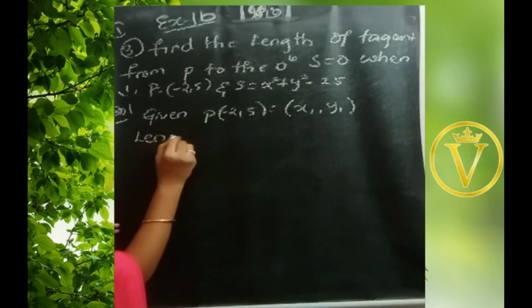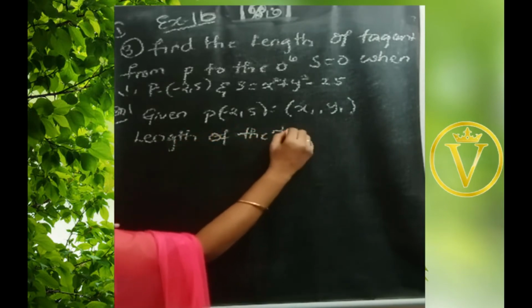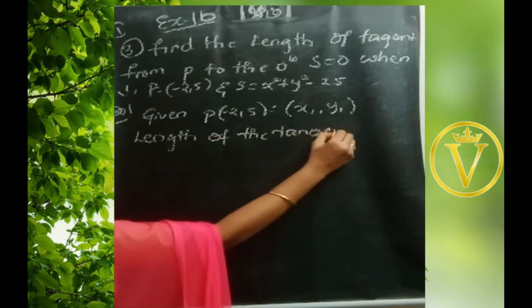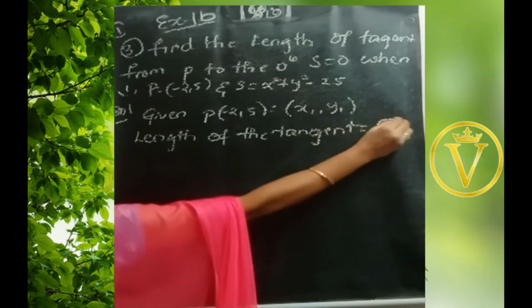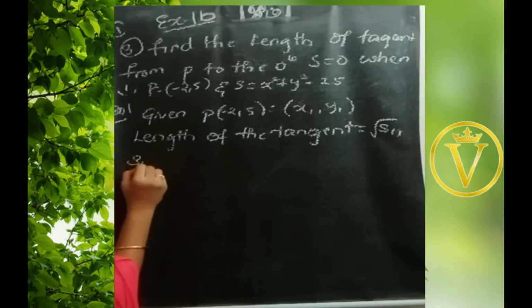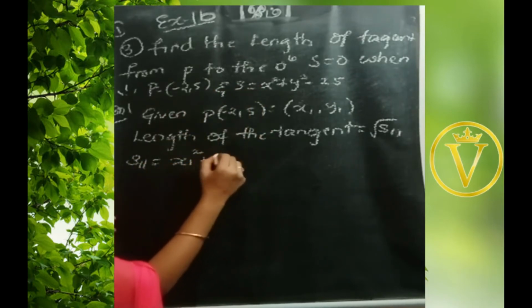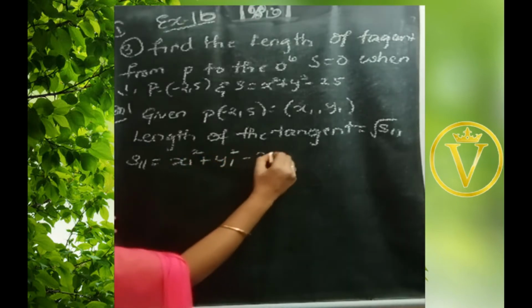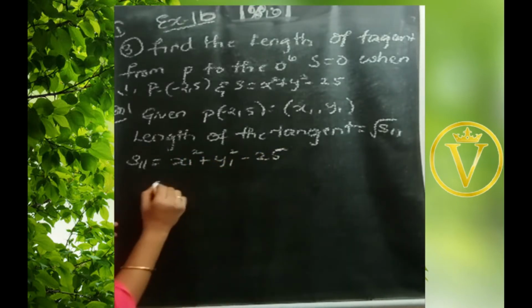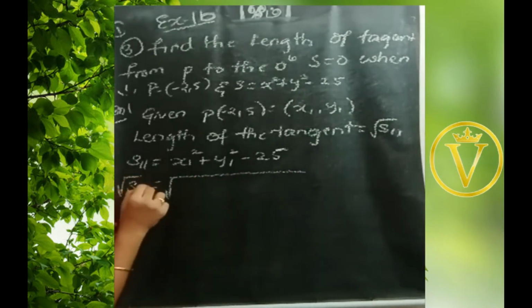So the length of the tangent equals, we know, root S11. So we know that S11 when we substitute here, that is x1 square plus y1 square minus 25. So we have to find out the root S11.